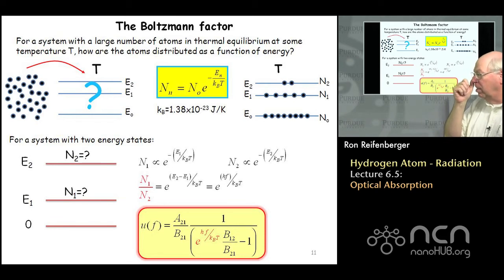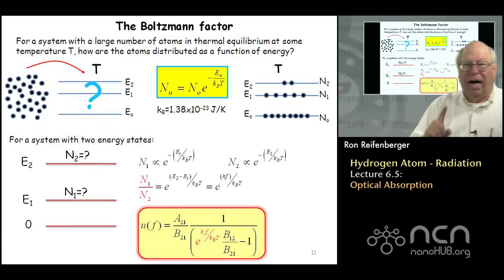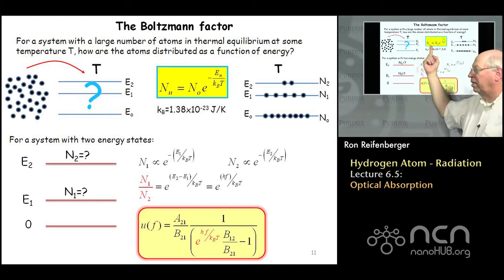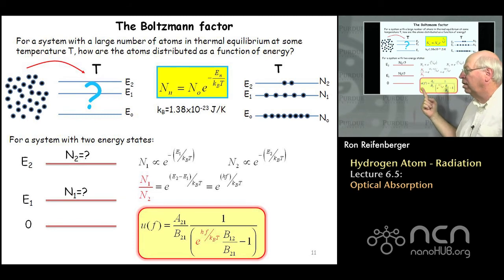So the upshot of that discussion, and again, we'll derive this equation in more detail later on in the course, is that we can now rewrite this expression for the energy density of the electromagnetic radiation in terms of Einstein's fundamental coefficients, but now we've got an expression for the ratio of N1 over N2.